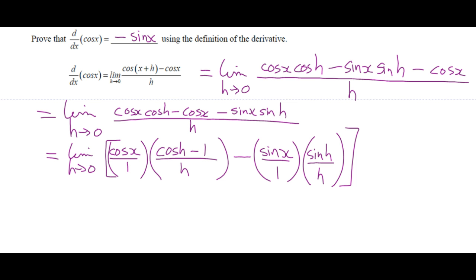Then we're just going to straight out take the limit of each term.